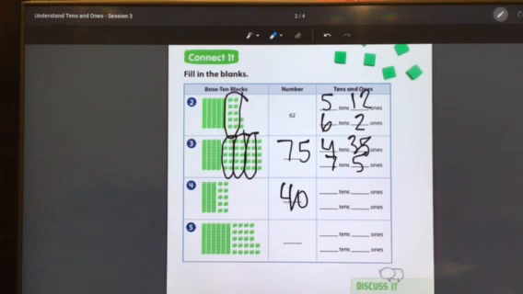Then go back and count. How many tens? 1, 2, 3 tens. And how many ones? 1, 2, 3, 4, 5, 6, 7, 8, 9, 10. So 3 tens and 10 ones is 40.